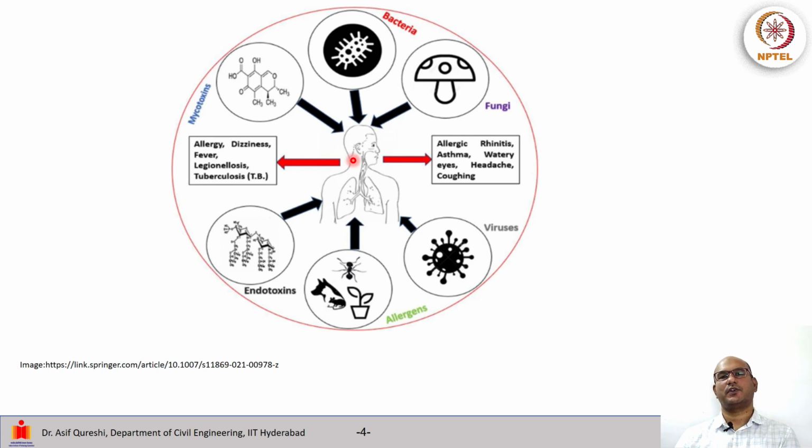Viruses we already know through the famous COVID-19, but in our everyday life as well, we may be exposed to different fungi and viruses. Then we have allergens, more like plant, insect and animal based substances inhaled by a human, and the endotoxins. This exposure may be occurring almost all the time or most of the time.